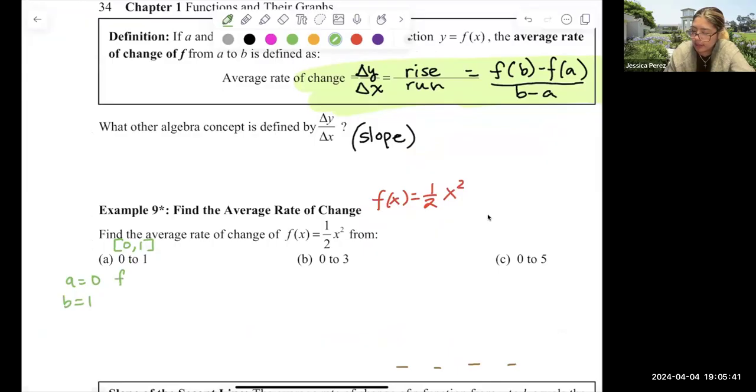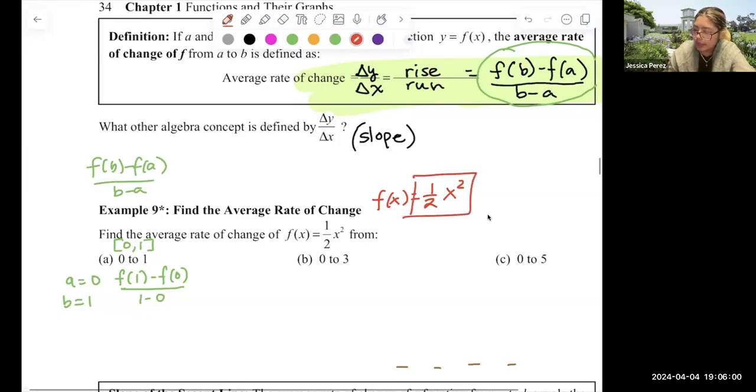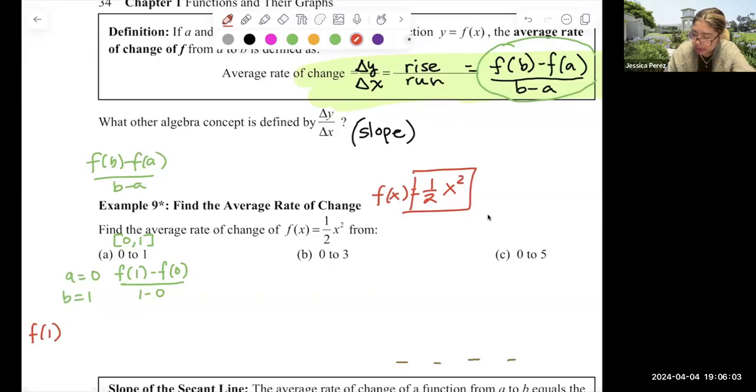So we have to find f of 1 minus f of 0 over 1 minus 0. I'm applying the formula that I just saw. F of b minus f of a over b minus a. So the function that I'm going to use is this 1/2 x squared. So f of 1 is going to be 1/2 times 1 squared.